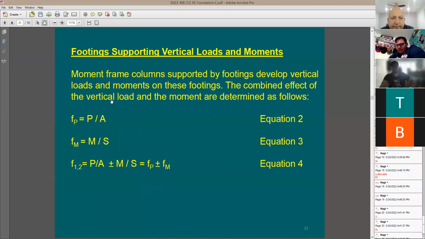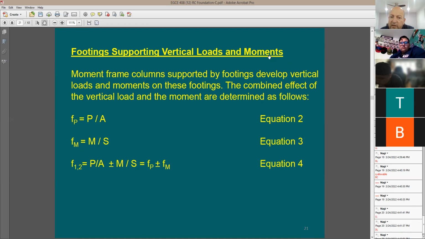All right. Sometimes we have footings that support vertical load and moment, like in other applications. From time to time you may have a vertical load and a moment. Okay, great. What should I do next?